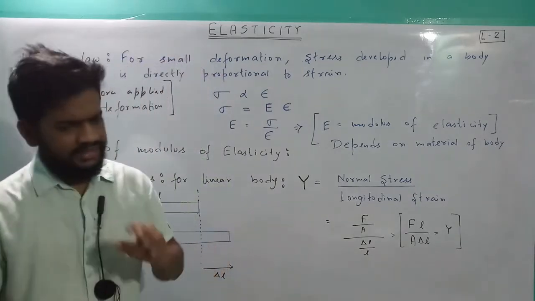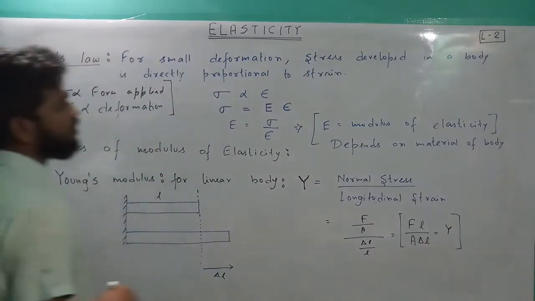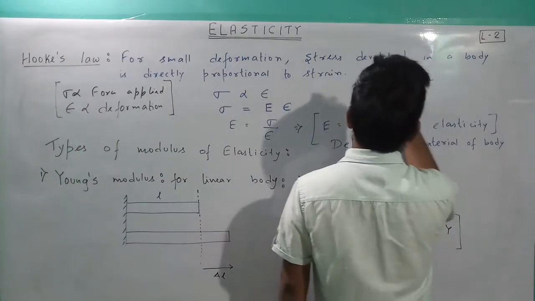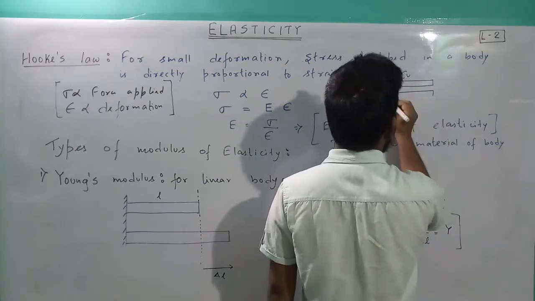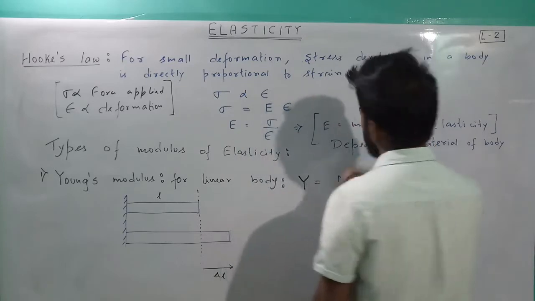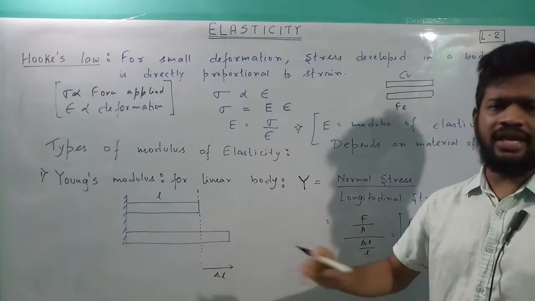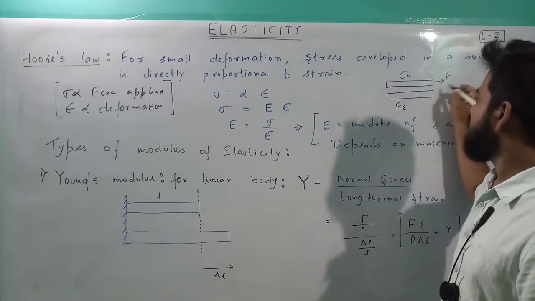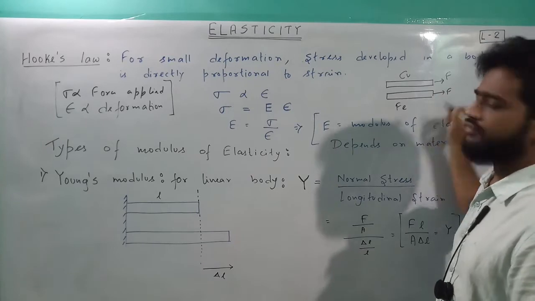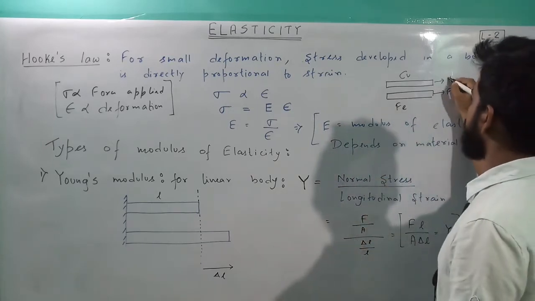Now, let me give you one example. Suppose you have a copper rod and an iron rod, two exactly similar, their length, their area of cross section, everything is the same. Now you apply the same force F, or you can say we are applying the same stress in these two.